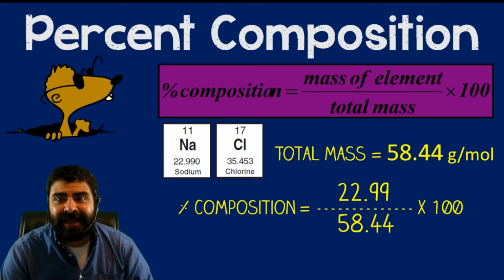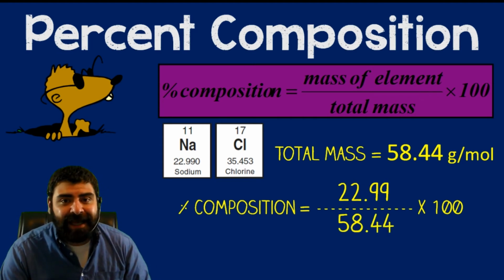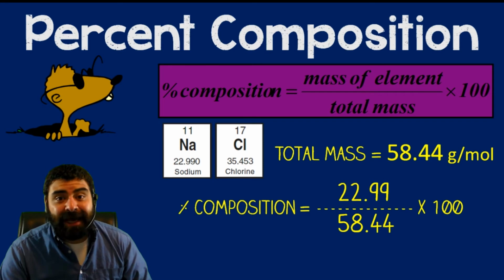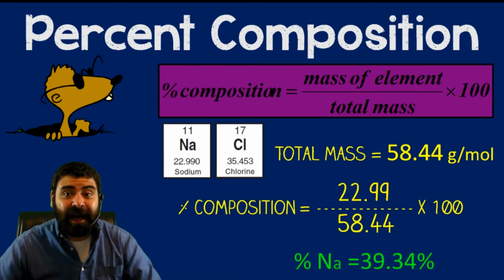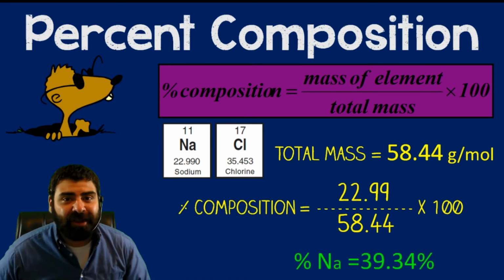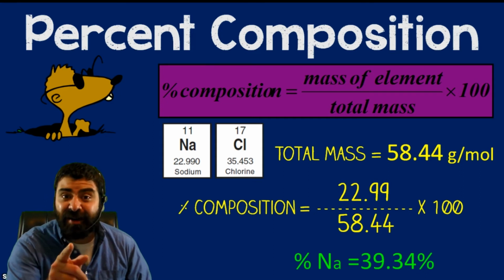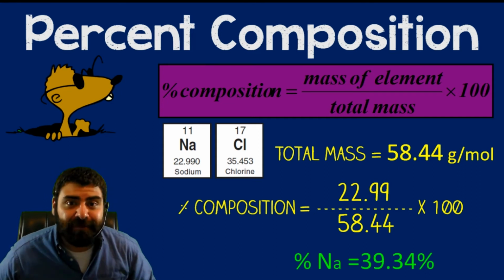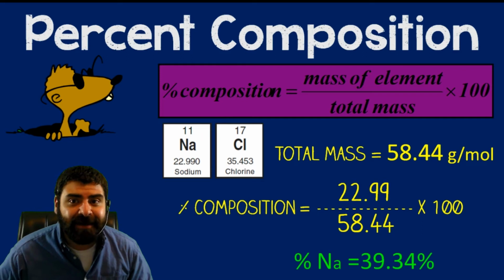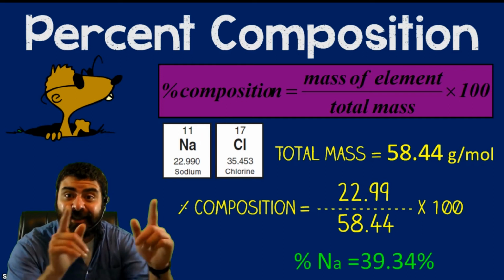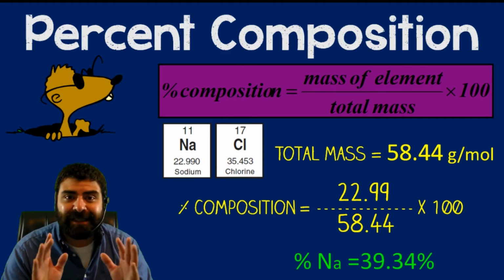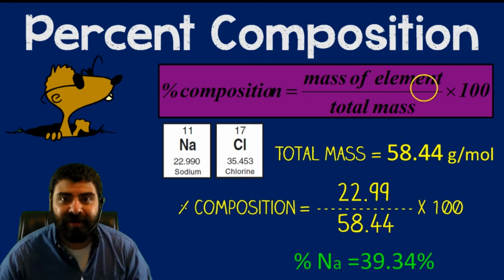And when we multiply that by 100, we get a percent composition of 39.34%. So sodium does not make up 50% of the compound sodium chloride, because it has less mass to contribute, it makes up a smaller portion of the whole.